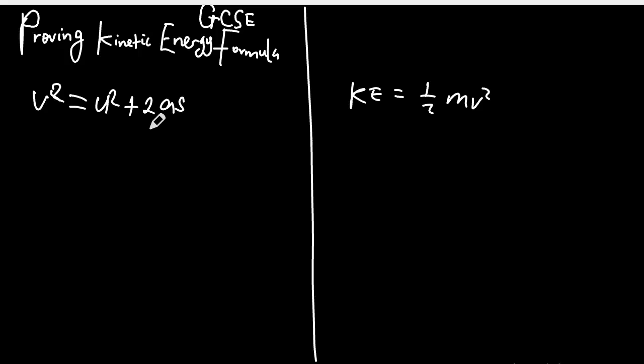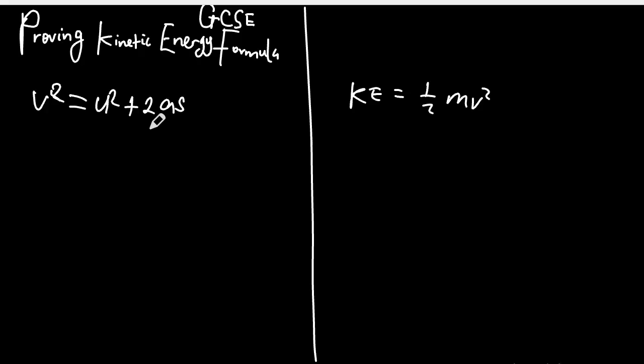This equation assumes that the body starts from rest, because we know from the first law of motion that if an object is in motion, it will continue to be in motion unless acted upon by an external force. So if there is no applied force, that body must continue in motion.